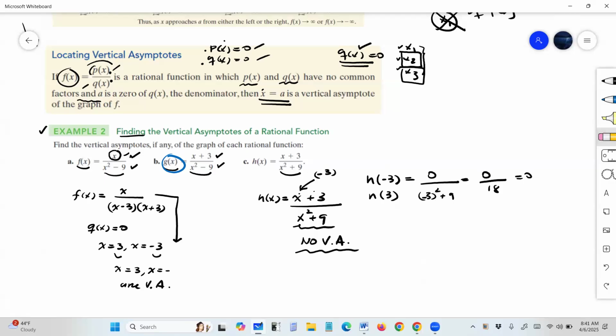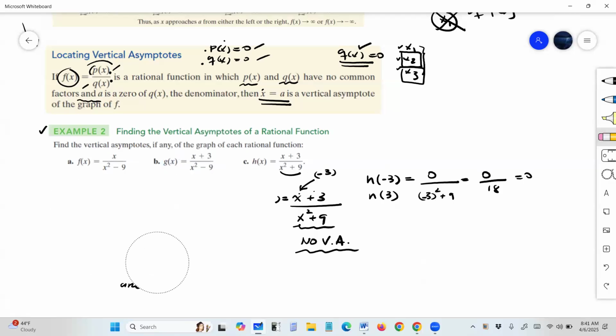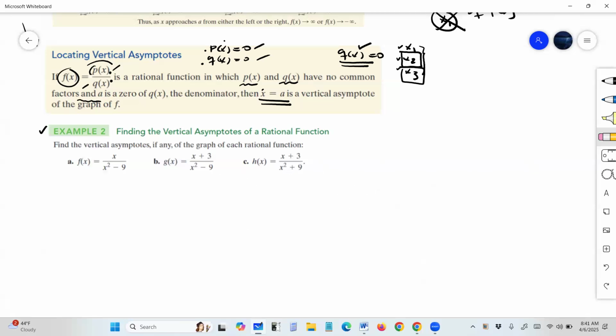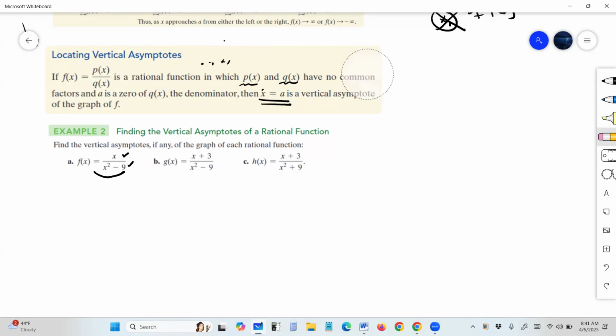The usual case, let me just remind you, is the case where there are no factors in common between p of x, the numerator, and q of x, the denominator. Okay, so that's the usual case. A more complicated case is the second case, B, where there is a factor from p of x that is identical to one in q of x, and then they cancel each other out.